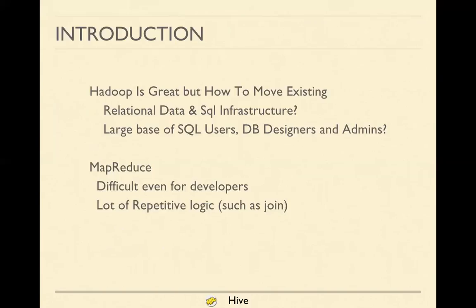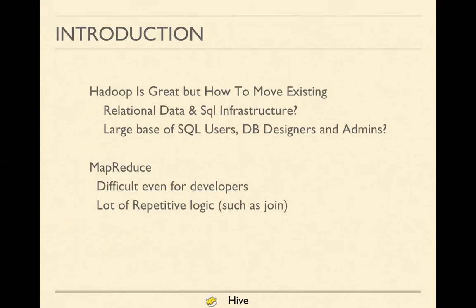But how do you move existing relational data and SQL infrastructure to Hadoop MapReduce? There are huge numbers of SQL users as well as DB designers and administrators. How would you move them to writing MapReduce? MapReduce is even difficult for people like me.